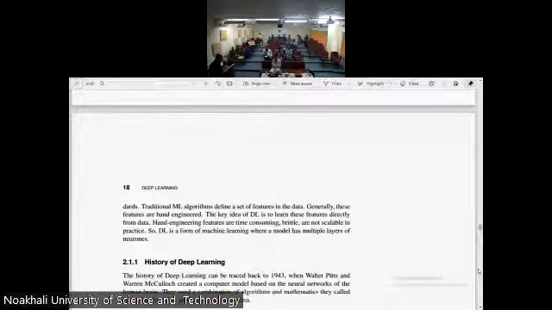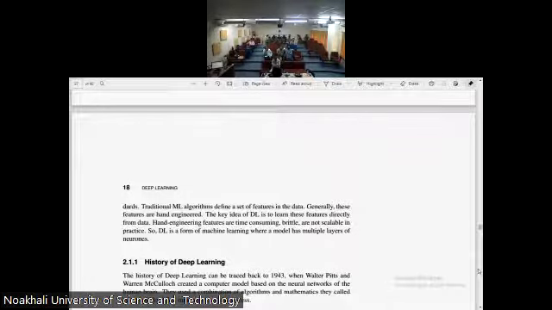When we talk about deep learning, it is a form of artificial neural network. So what's the difference between an artificial neural network and deep learning? Basically they are the same.